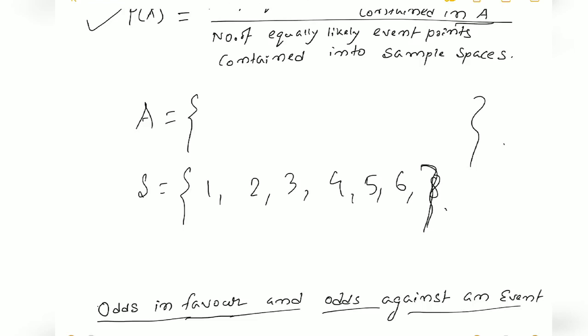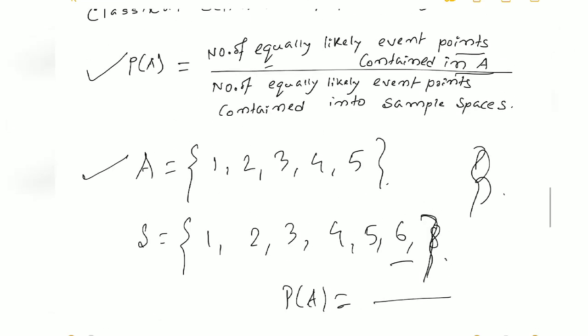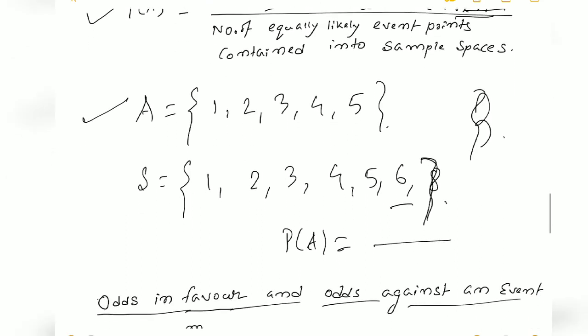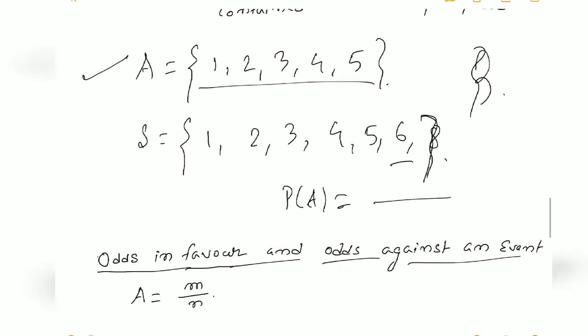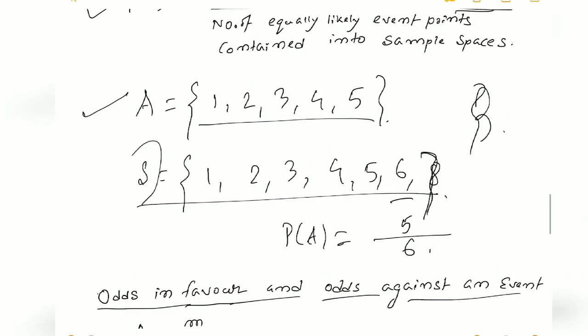Now A is such an event which consists of 1, 2, 3, 4, and 5, that is excluding 6. Now probability of A will be the number of equally likely event points contained in A. So how many points are contained in A? Only 5. So you will put a 5 in the numerator. Similarly, you will put 6 in the denominator. That is the sample space.